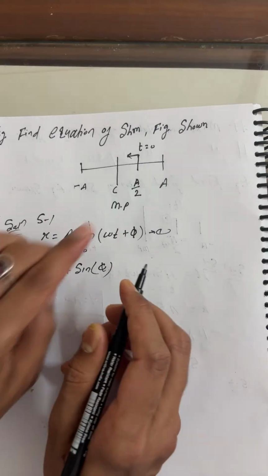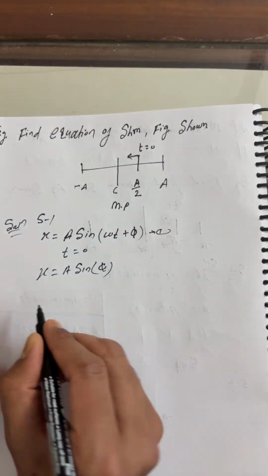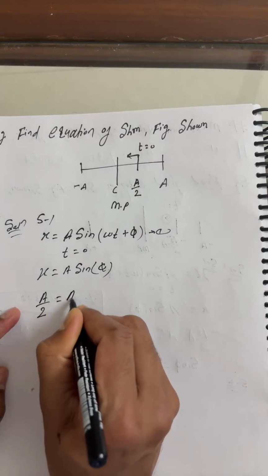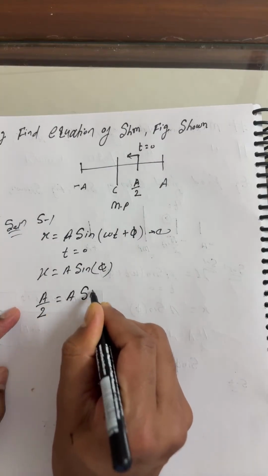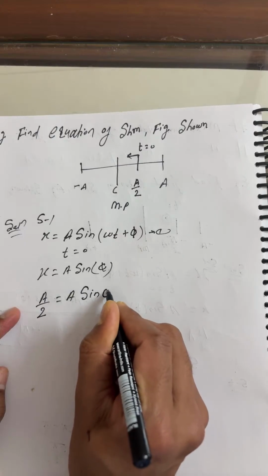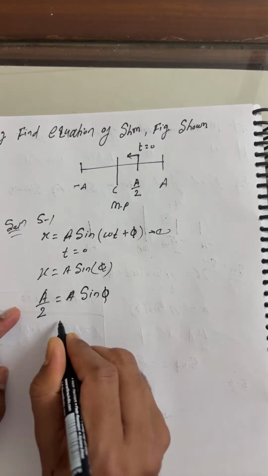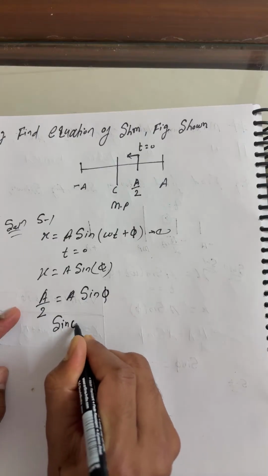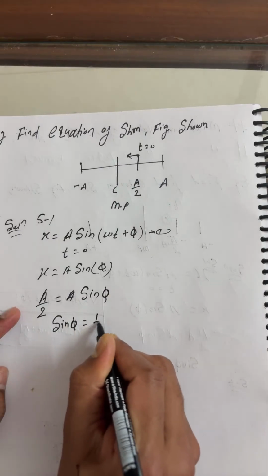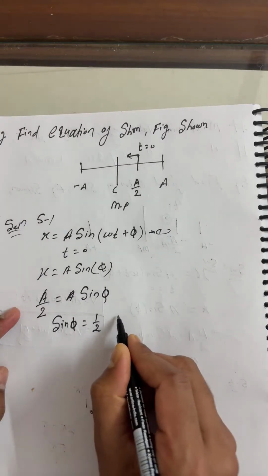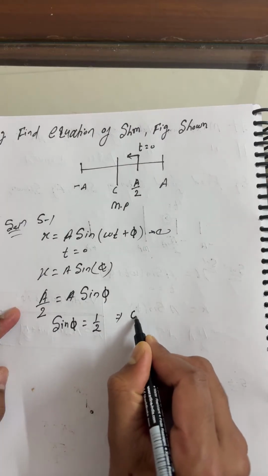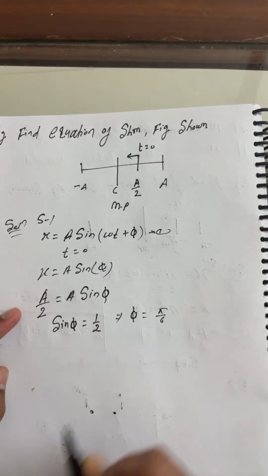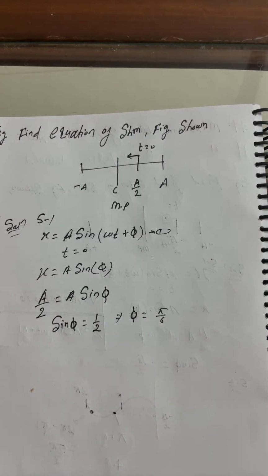Now at time 0 the displacement is A by 2. So A by 2 equals A into sine phi. A cancels, so sine phi equals 1 by 2. This implies phi equals pi by 6.